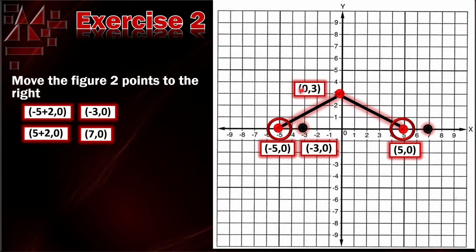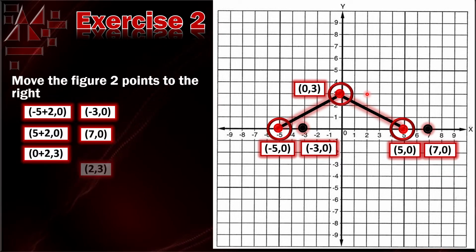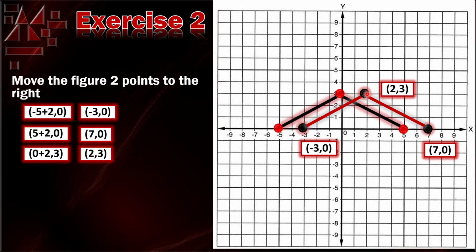Maybe we can add 2 to the 0, it will be 2 and 3, or we can count them, 1 and 2, so the new point will be here. Whichever way you are more comfortable with applying. You see the figure here, when we move it, it perfectly matches.